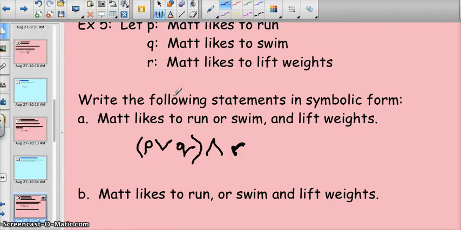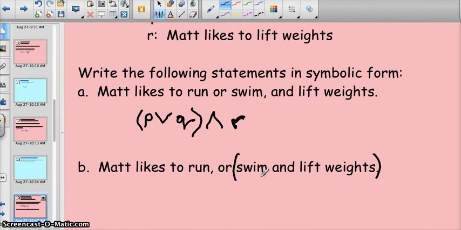Okay? Watch the one beneath it. It's kind of like the same statement, but you're going to see the parentheses change. Because in this bottom one, it says Matt likes to run, and here's the comma, or swim and lift weights. Well, the compound side is over here. And therefore, we're going to put parentheses around this side of the comma this time. That's kind of how it changes. So it's going to start the same way. Matt likes to run.